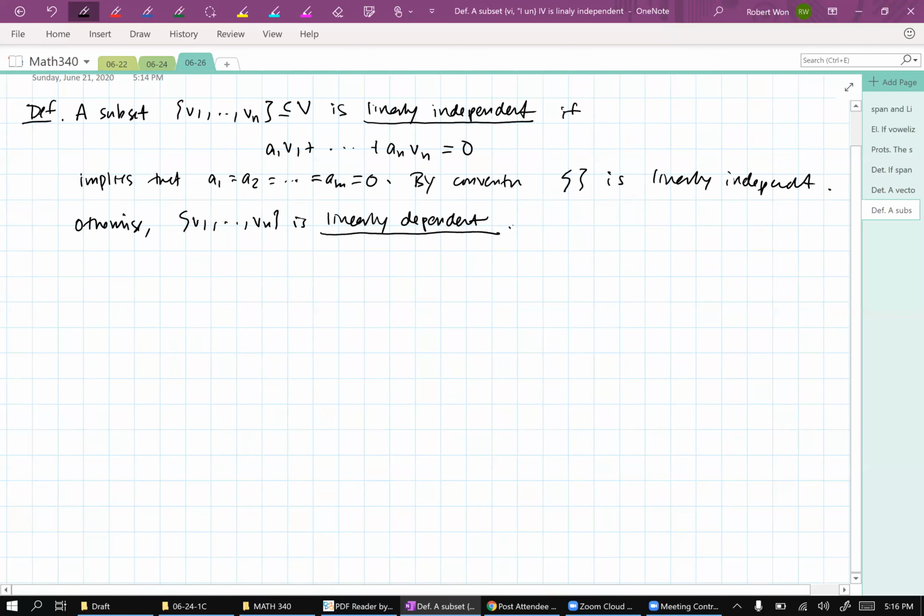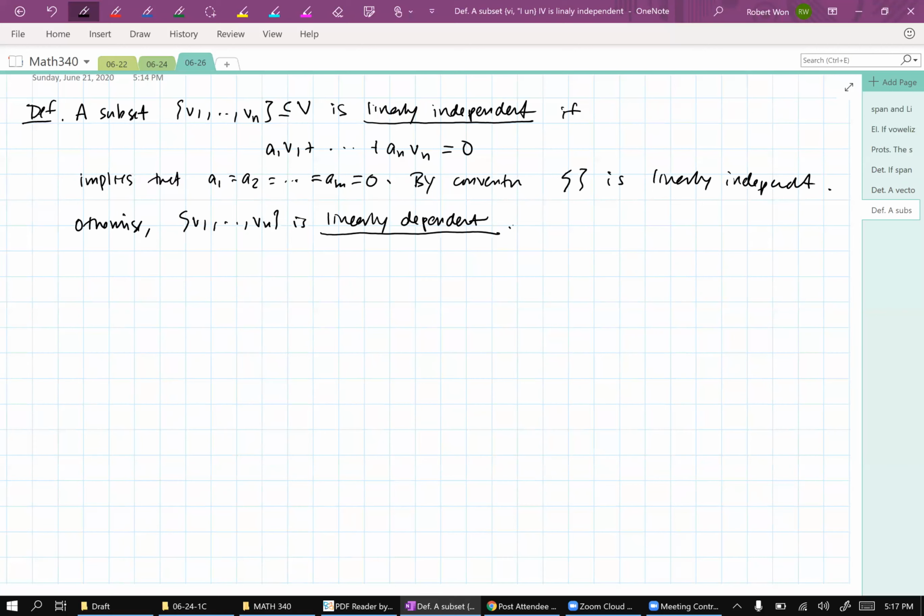Well, what does that mean? That means that it fails to be linearly independent. It means that the statement that the only linear combination which equals 0 is the trivial linear combination is false. So another way to say linearly dependent is to say that some non-trivial linear combination of the vectors equals the 0 vector.